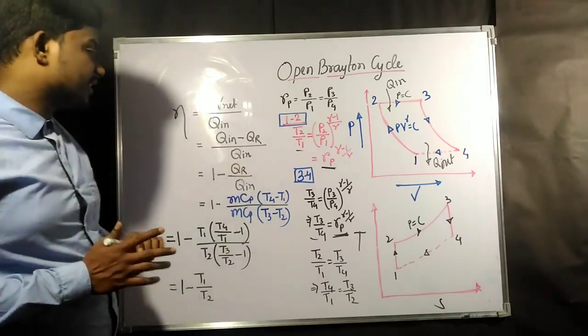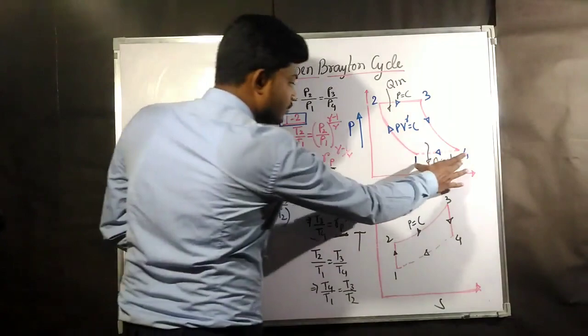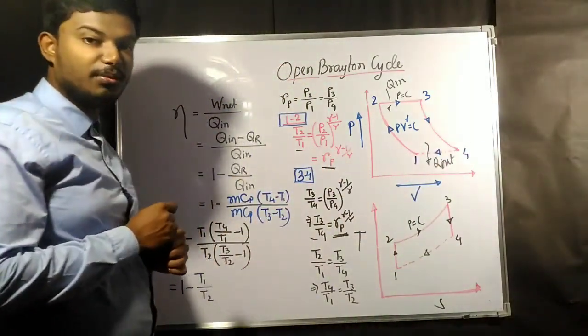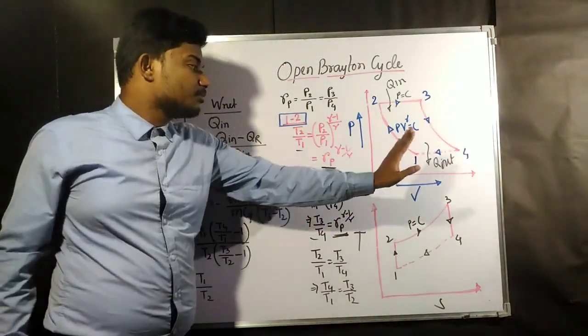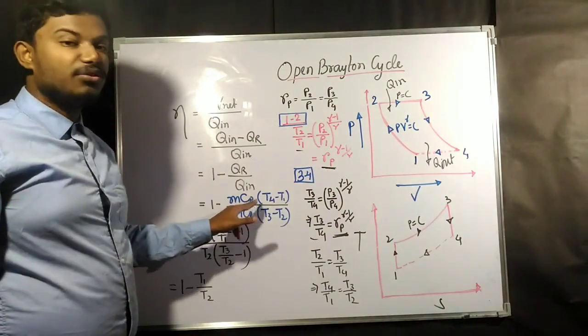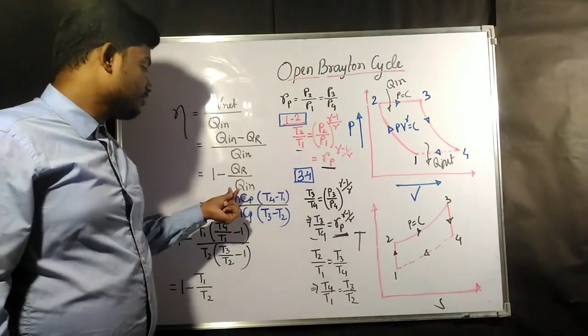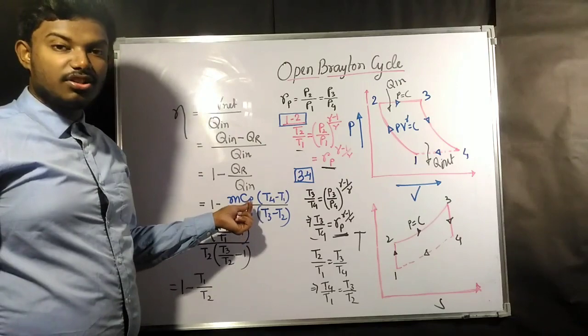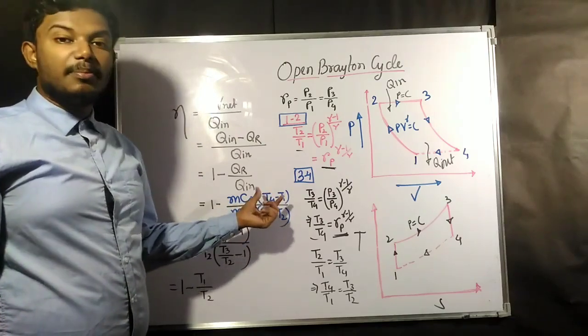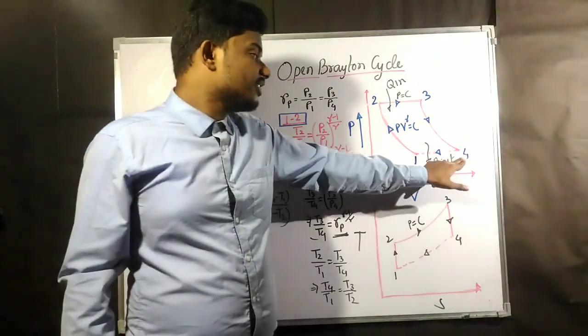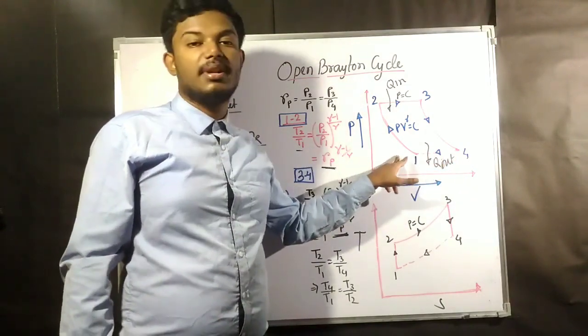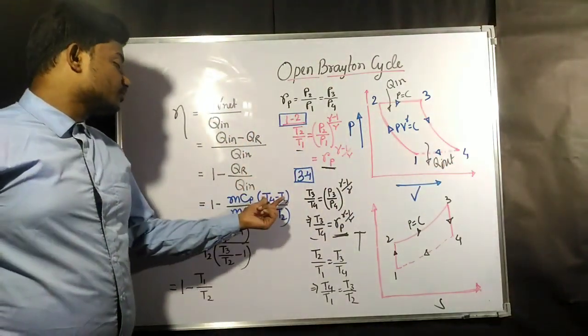Now what is Q rejected? Q rejected is this one. This is a constant pressure process we are assuming. So for a constant pressure process we know that it is going to be m into Cp into temperature difference, mass into specific heat at constant pressure into the temperature difference, which is T4 minus T1.